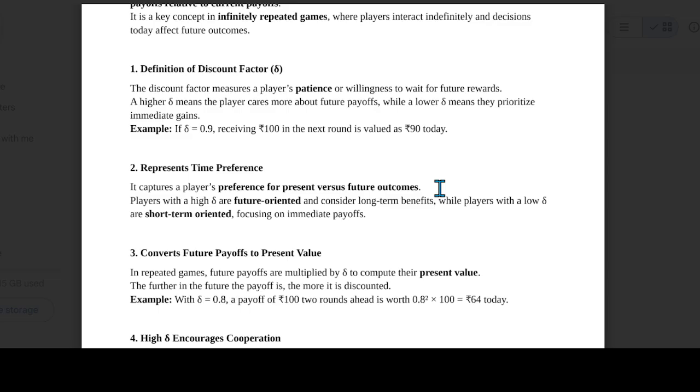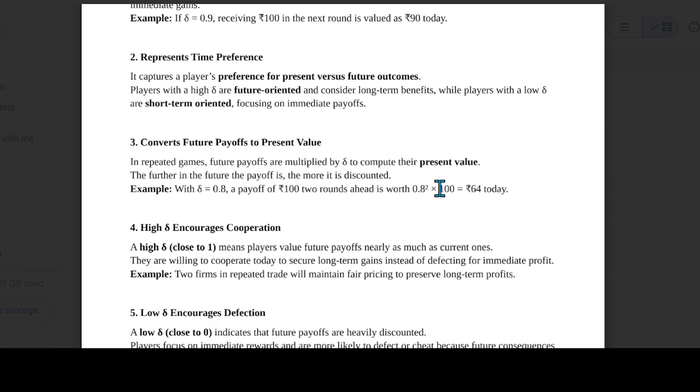Now, what comes here is that it represents time preference. If the player likes long-term benefits, it will be high. If the player likes quick benefits, it will be low. What it does is convert future payoffs to present value. What does that mean?